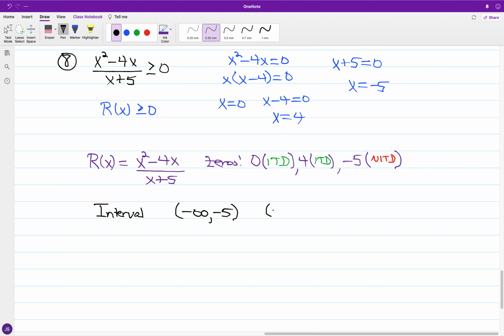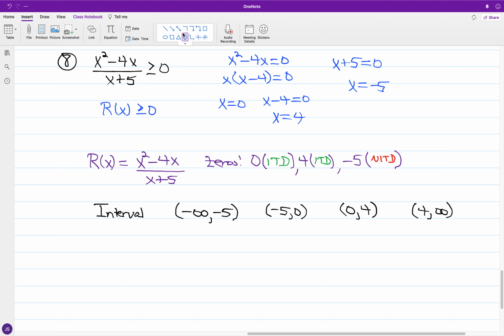Then we have between -5 and 0, not including 0, and 4. And 4 is the highest of the zeros, so at the highest end we have those values greater than 4. So you have from -infinity to -5, -5 to 0, 0 to 4, and then 4 on out to infinity.